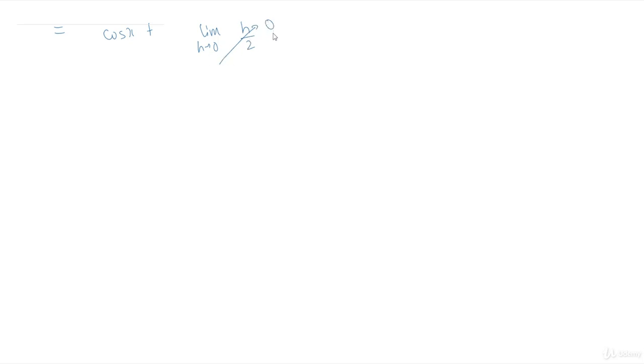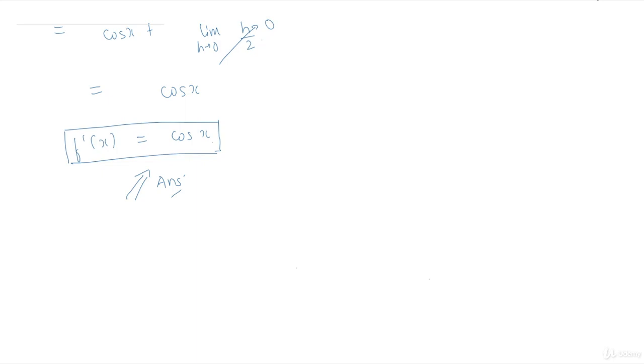So the final answer is coming as cos x. So that means f prime x is coming as cos x, right? Hence the derivative of f of x is equal to sin x, that is cos x, by the first principle of derivative. So this is our answer.